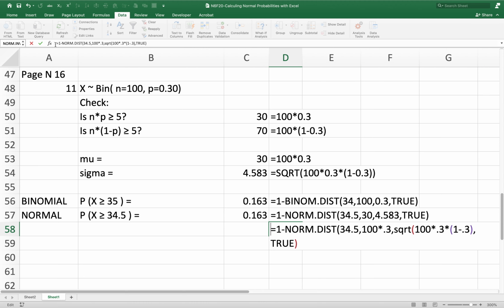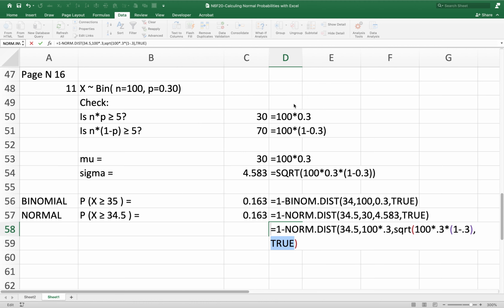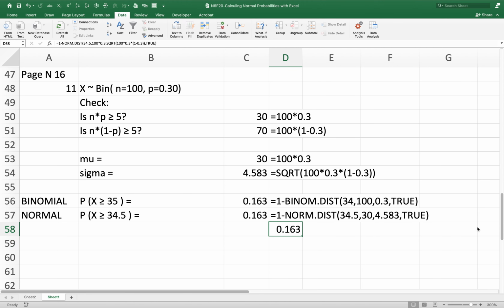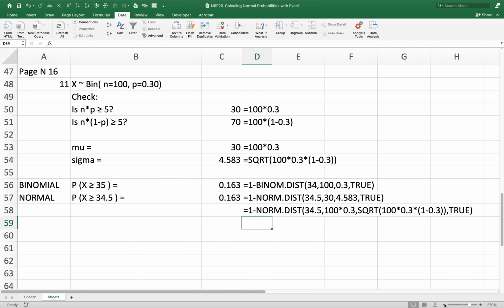And you should end up with, what do we got here? Oh, yeah, I forgot to put the second bracket for the square root here. That would be right in here. There we go, that's where the problem is. There it is. Okay, so you get the same answer there. And I'll just put that down like that. Now you can see the whole thing.